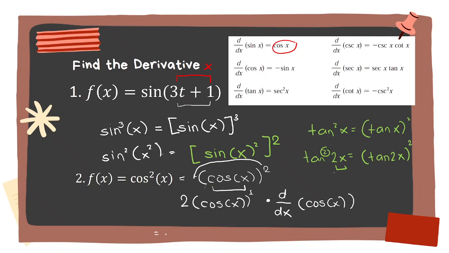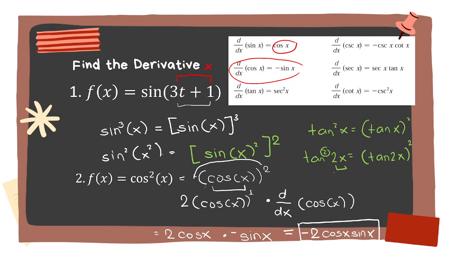So, the answer is 2 cosine x times, what's the derivative of cosine x? It is just equal to negative sine x. So, tatimes ko lang to sa negative sine x. So, what's the answer? Pag pinagsama ko sila, negative 2 cosine x sine x. So, this is the answer. Naintindihan?